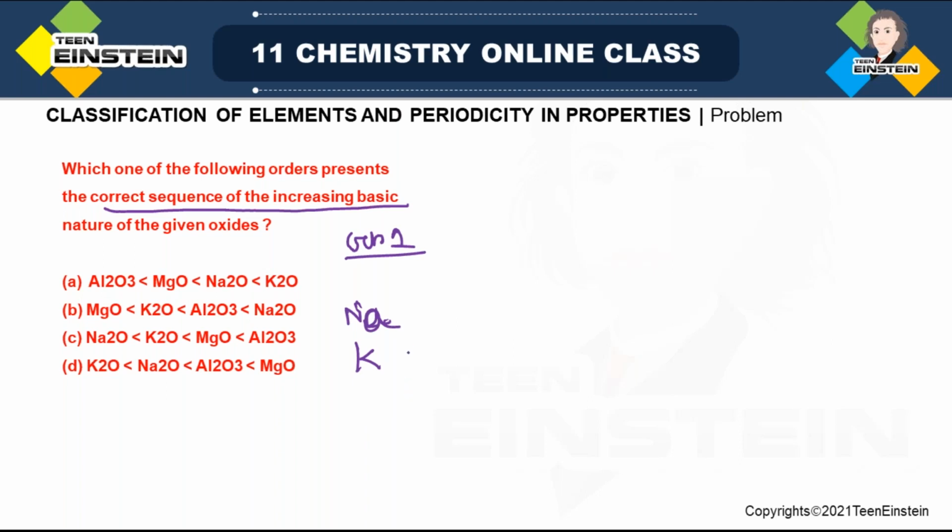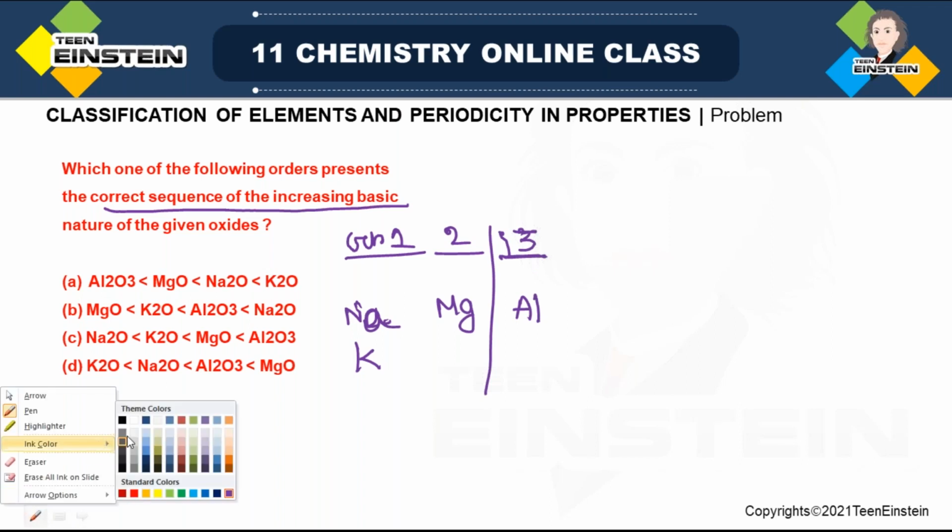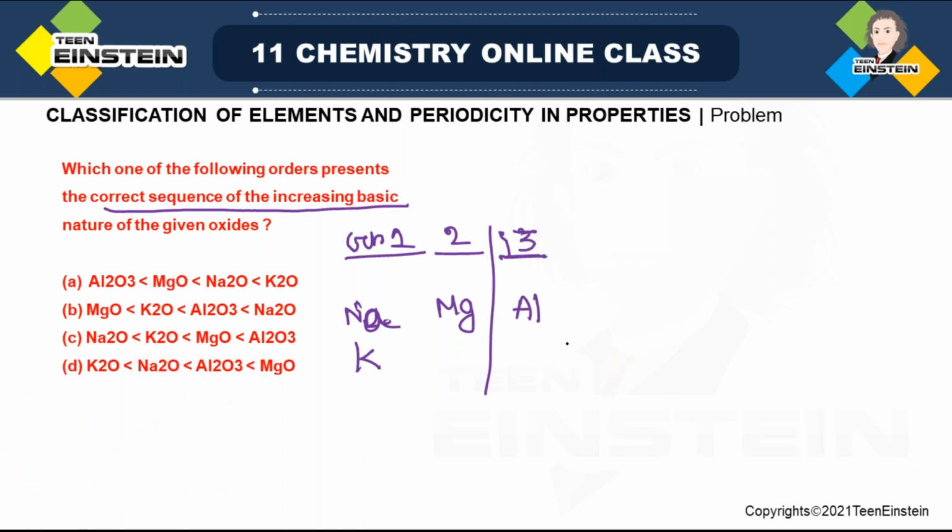Then we have Mg, which is from group 2. The position of Mg is just after Na, and we also have aluminium. Aluminium is after the D block, in group 13. So whenever you get this type of compound, it is better to write their positions or just imagine their positions in the periodic table.